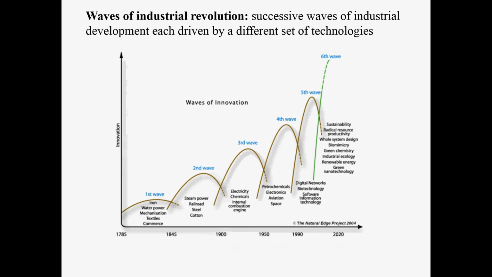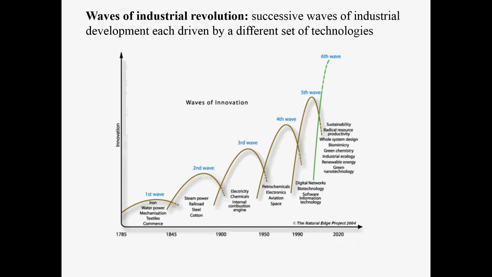People begin to imagine what that new set of technology could be. On this slide, you can see that people imagine biochemistry, green chemistry, industrial ecology, renewable energies, and so on and so forth. All these could be the set of core technologies that will lead the sixth wave of the industrial revolution.